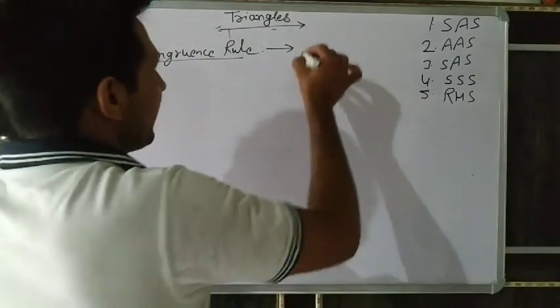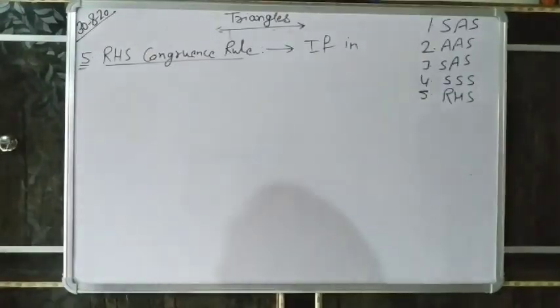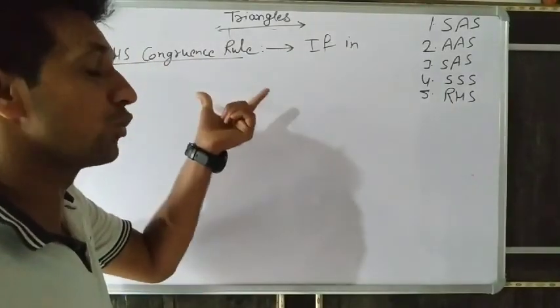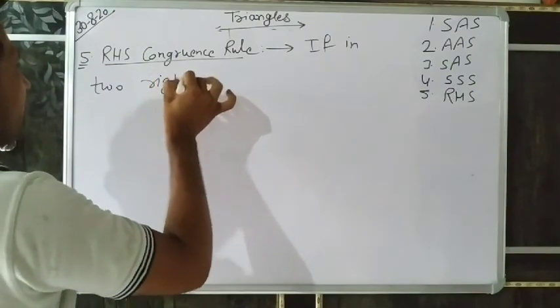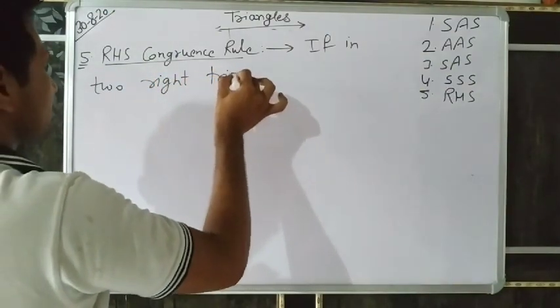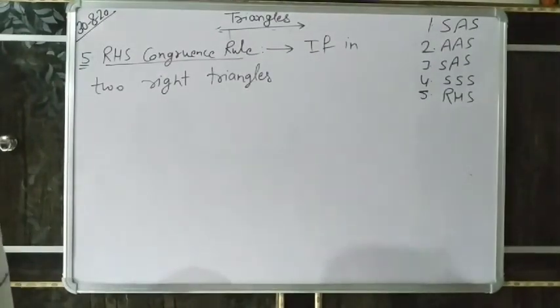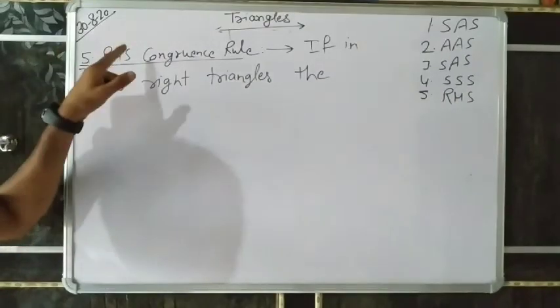So write: if in two right triangles, R means right, meaning 90 degrees, H means hypotenuse, and S means side.